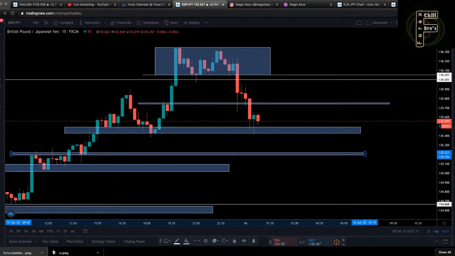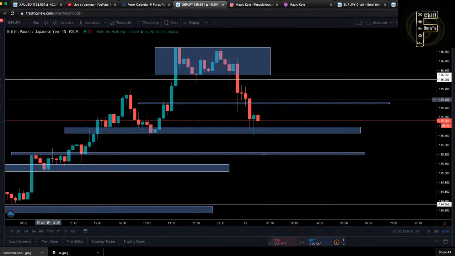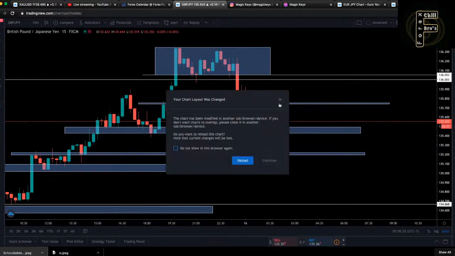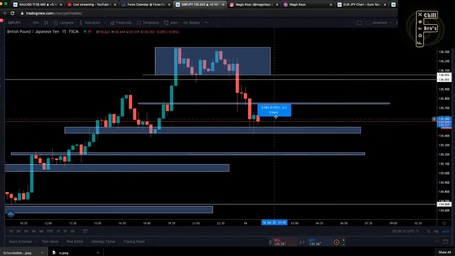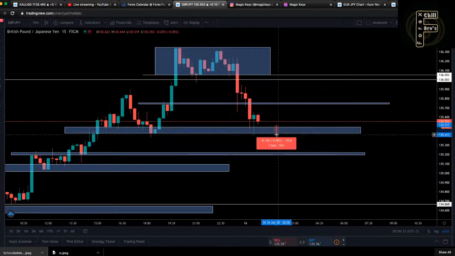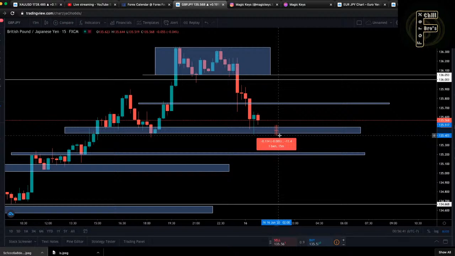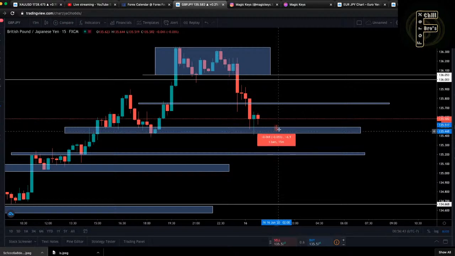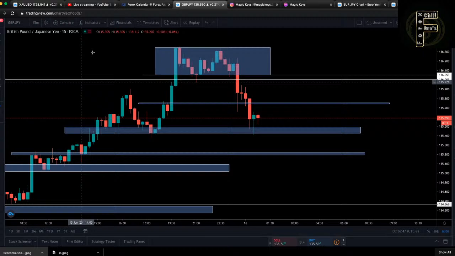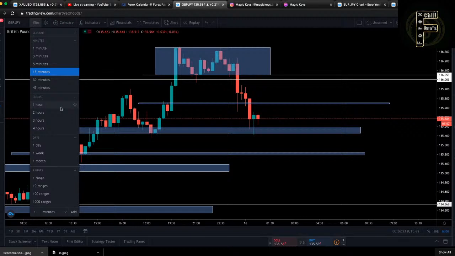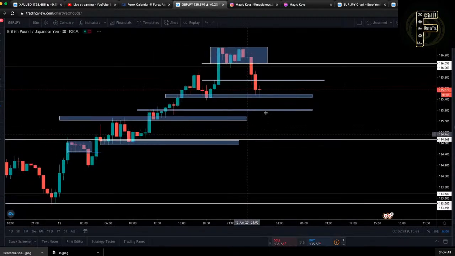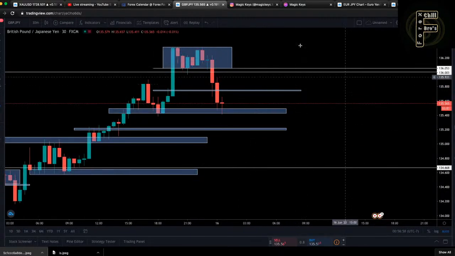The 30 minutes is closing in 3 minutes and it's still closing bearish.